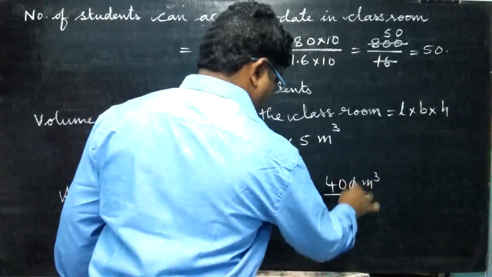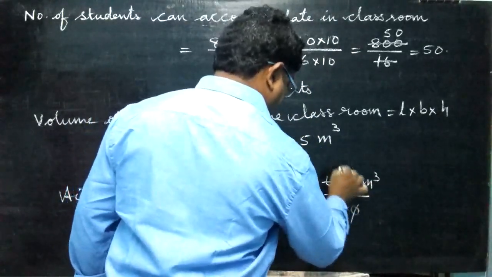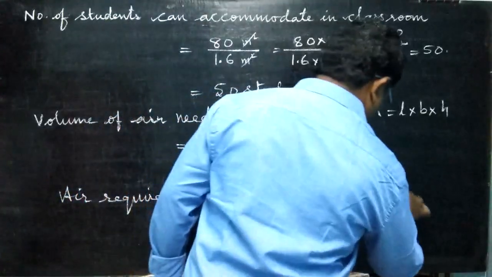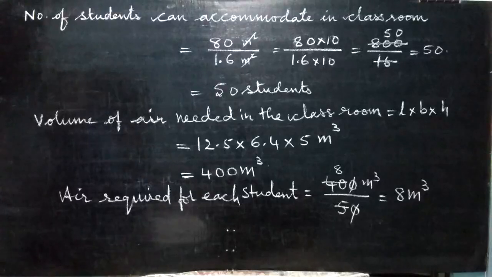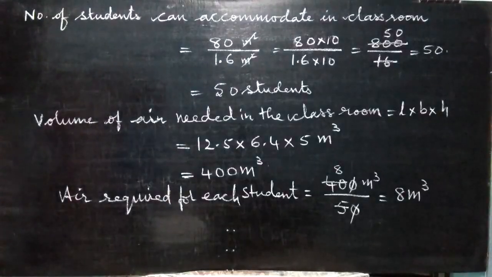The 0s get cancelled, 5 goes 8 times. So air for each student is 8 meter cube. Therefore, air required for each student in the classroom is equal to 8 meter cube.